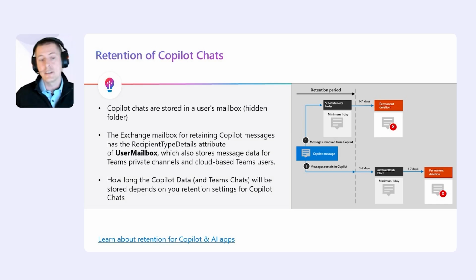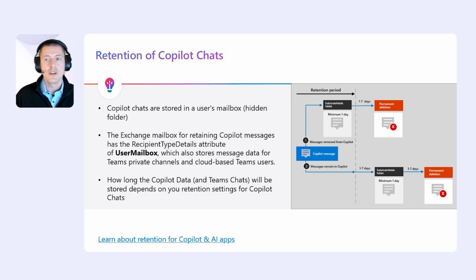Last, it's totally up to the configuration you have in place how long these messages will be retained. After a retention policy is configured for AI app interaction, a timer job from the Exchange service periodically evaluates all these items in the hidden folder and ensures these messages are stored or further processed, like you see here in the screenshot.